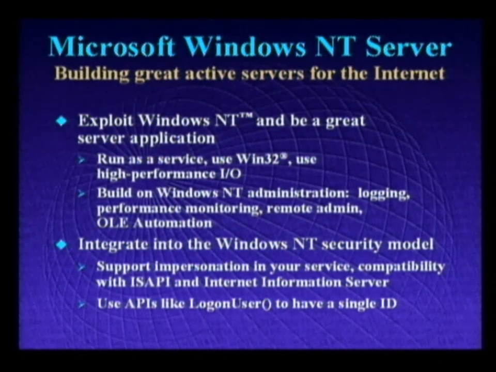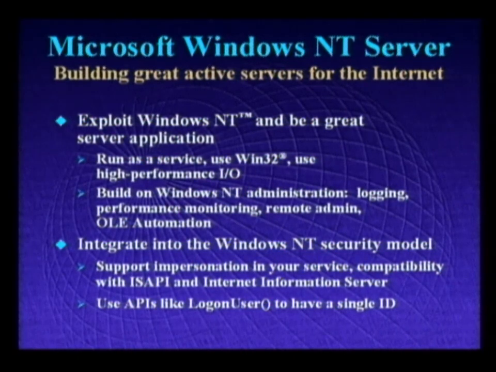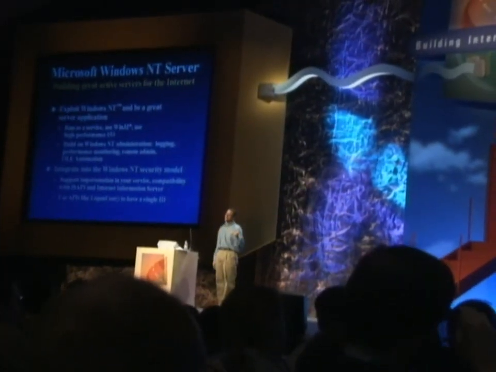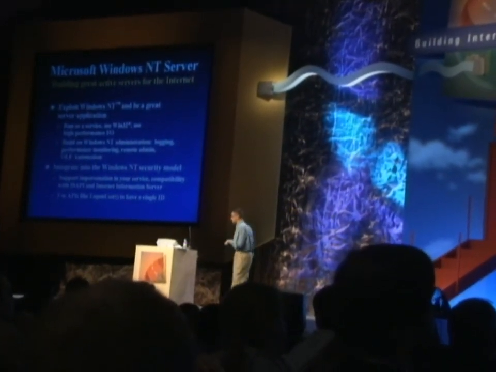We've also worked hard to make it easy for you to integrate into the Windows NT security model. This, for instance, in the Internet Information Server lets you set permissions on a particular file and on an intranet deny access to those particular pieces. It also lets you, for example, when you're using the Internet Database Connector, let the user have an integrated logon both to the database that's accessed through the Internet Database Connector and to the server and the network itself.